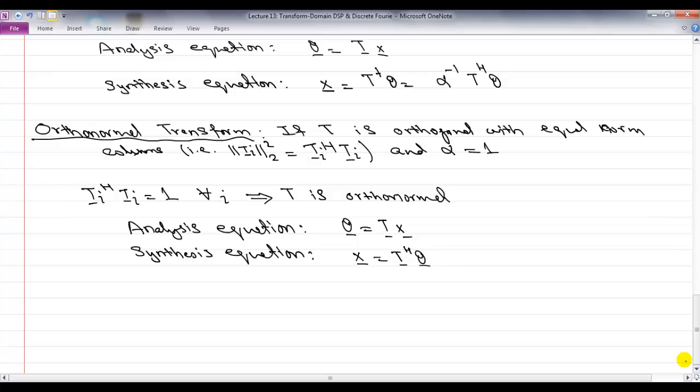So regardless of which transform you are talking about, you are always doing the same analysis. You multiply the vector representing your sequence with a matrix, you get your coefficients. But how you go back to your original sequence depends upon whether you have an arbitrary transform or an orthogonal transform or an orthonormal transform.